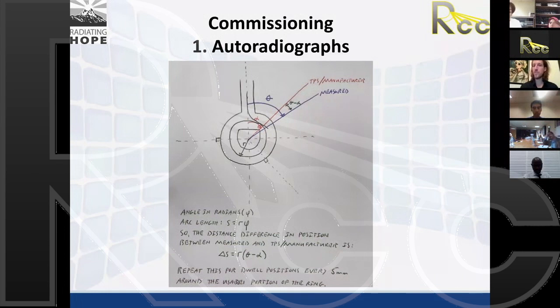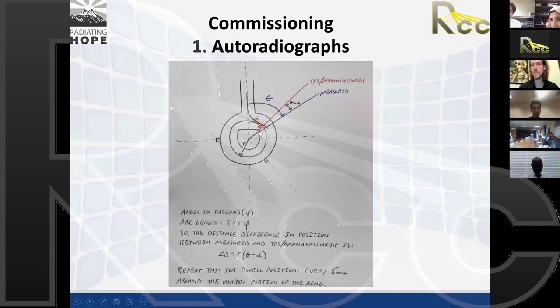And now we've just done the same thing with our film. So if you look at this diagram, here's our ring. This is our source, this black line. The source wire comes in, moves around, and here's where we've measured it. Let's say this is through one of our spots irradiated on the film, and we've measured it here. Our TPS, from our vendor documents or our applicator files, says the angle should be this.